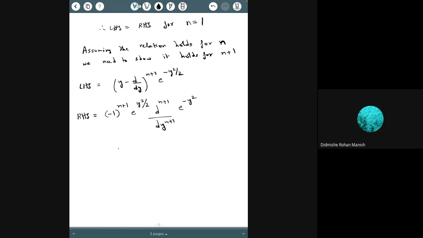What we will do here is factorize it into the part which depends on n and the rest.